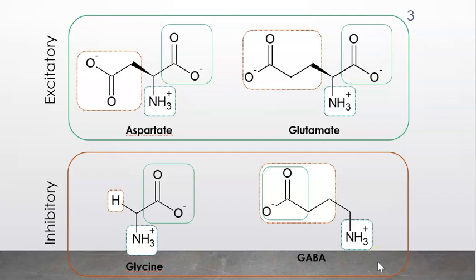It still has both the amino group and the carboxylic acid group, but that carboxylic acid group is contained within the R group. But it is still an amino acid because it still has these two groups. It's because of this weird structure that it's not proteinogenic.